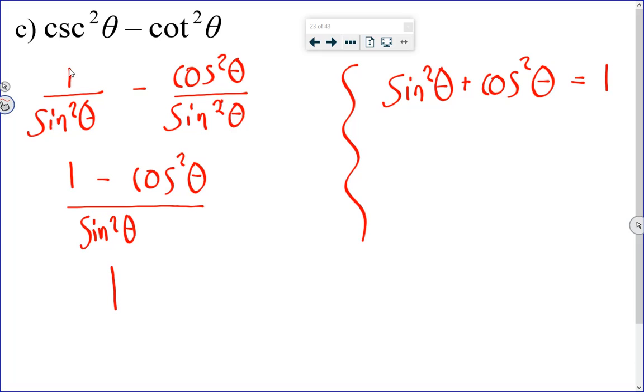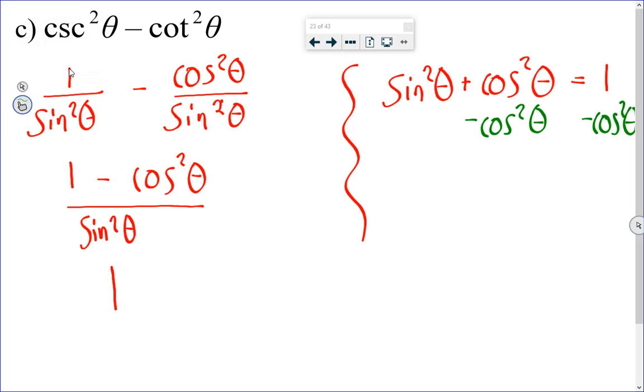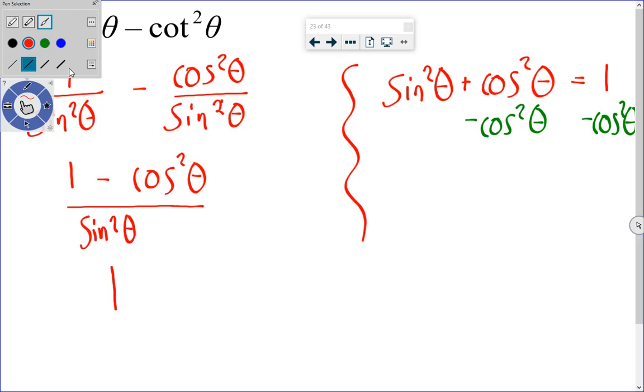We know it. But if this is true, just for kicks, I'm going to subtract cosine squared from both sides. So what does that give me? Well, I'll have on the left-hand side sine squared of theta equals 1 minus cos squared of theta.